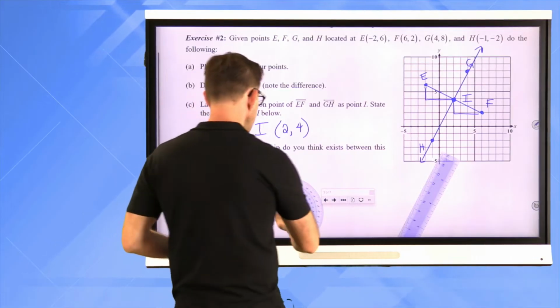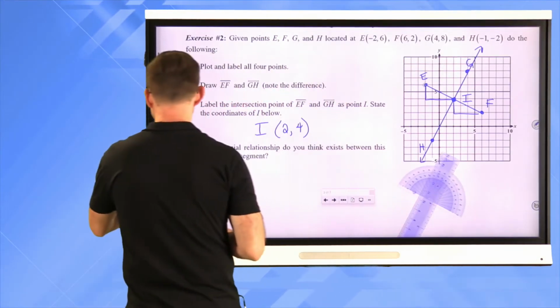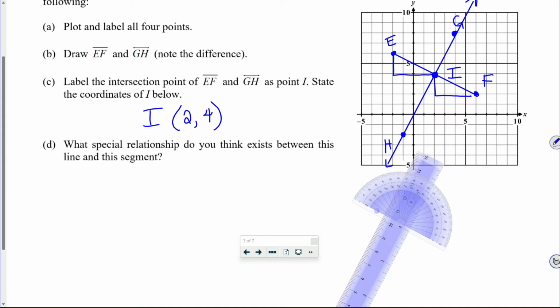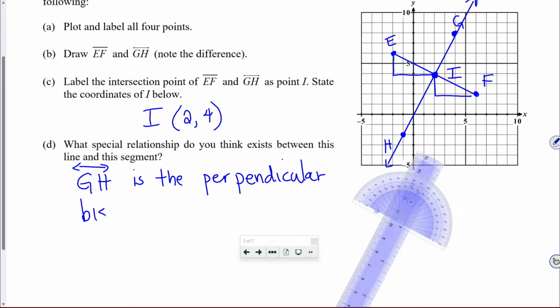So, in fact, the relationship that exists between these two is that GH is the perpendicular bisector of segment EF.